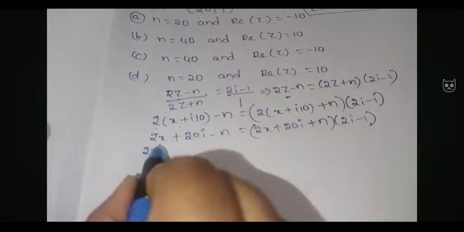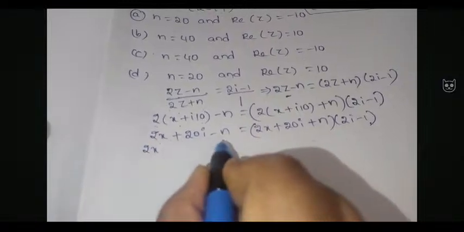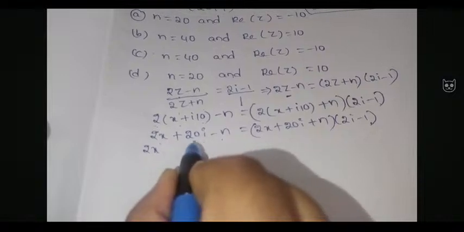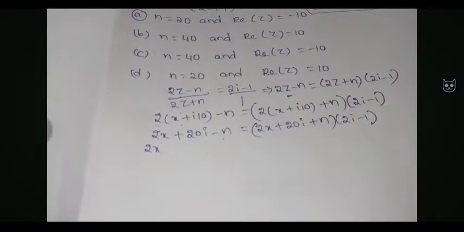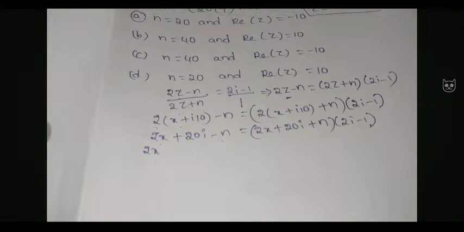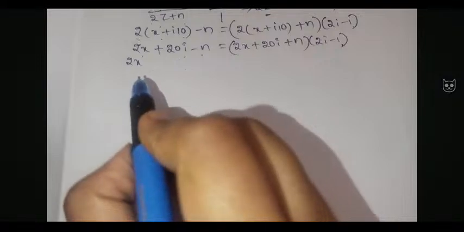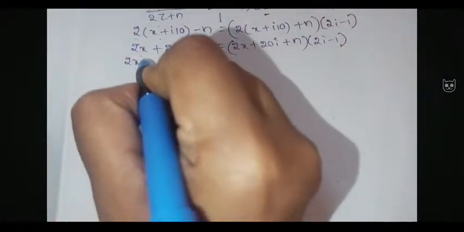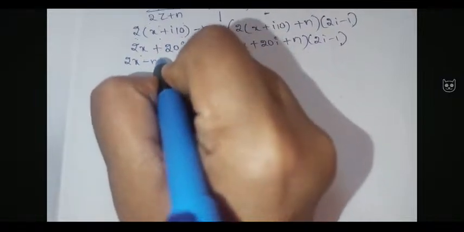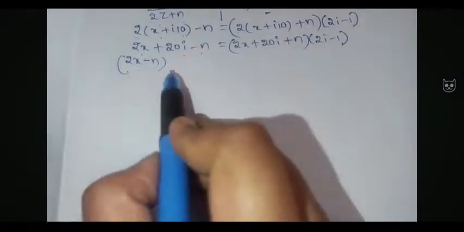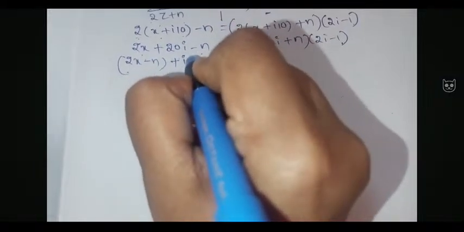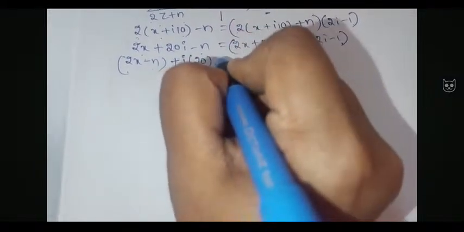So this is real, and one more real term is minus n. Then the imaginary part is i into 20.